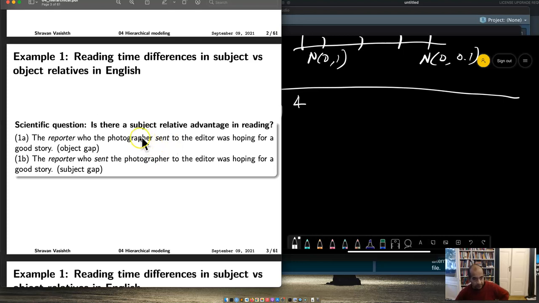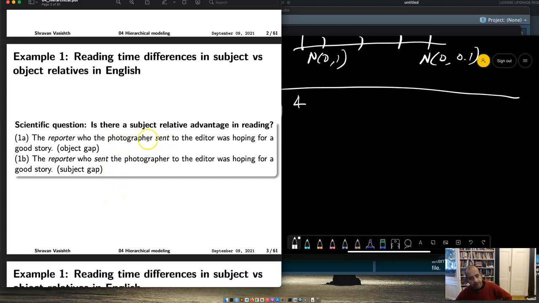So the subject of the sentence is photographer and the object is reporter. And because objects typically occupy a gap position here, at least in linguistic theory, right after the verb, this is called an object gap. So these two conditions are called object and subject gap conditions. You could also call them object and subject relative clauses.